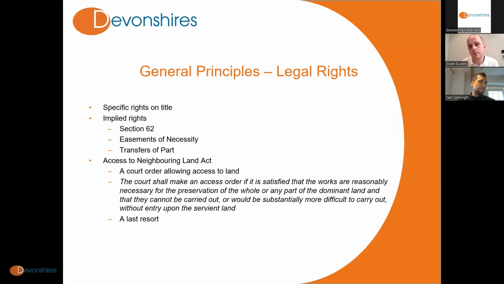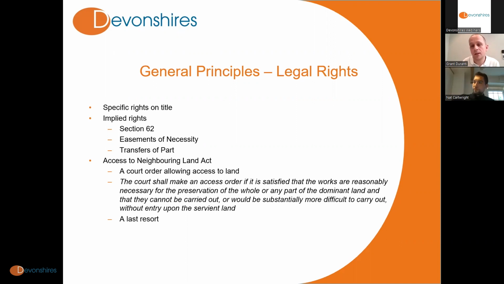There's a couple of mechanisms by which you can have implied legal rights. So even though they're not specifically registered on a title, there's a thing called Section 62, which implies certain rights which are necessary for the use of the land into transfers, even if they're not written expressly.